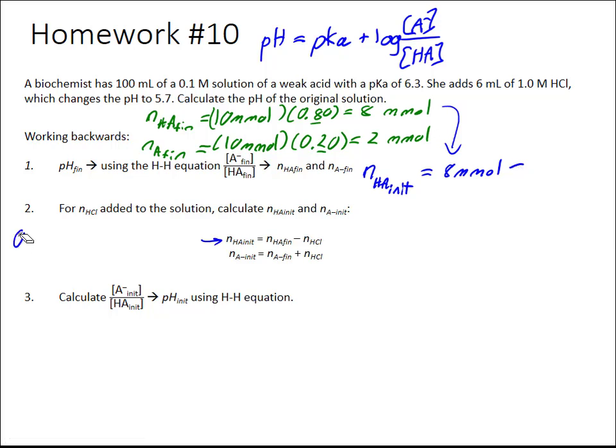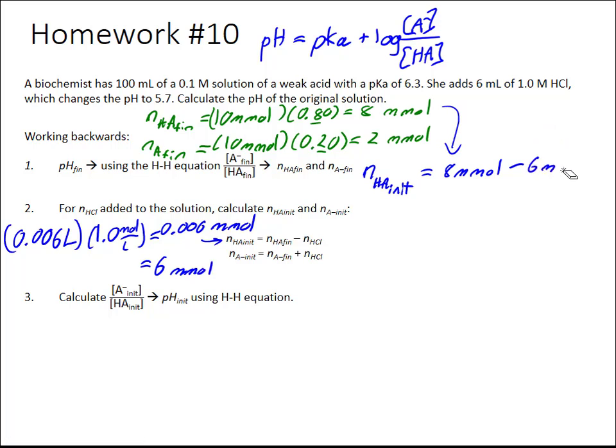So we have 6 milliliters times 1 molar, and that works out to 0.006 moles, which is the same as 6 millimoles. So when we plug that value in here, we have 8 minus 6 millimoles, or 2 millimoles.